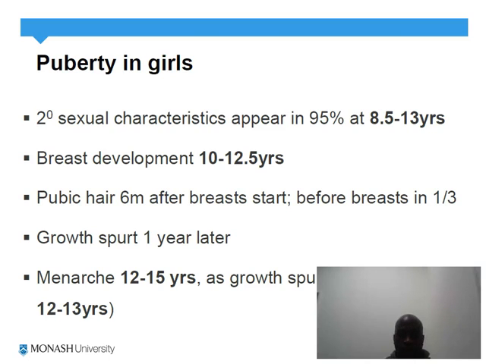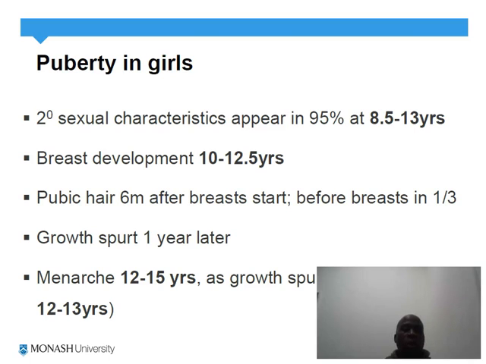And you get instances where pubic hair develops before breast in one third of the girls. It is normal, and well, I'm saying it is possible in a small number of females.